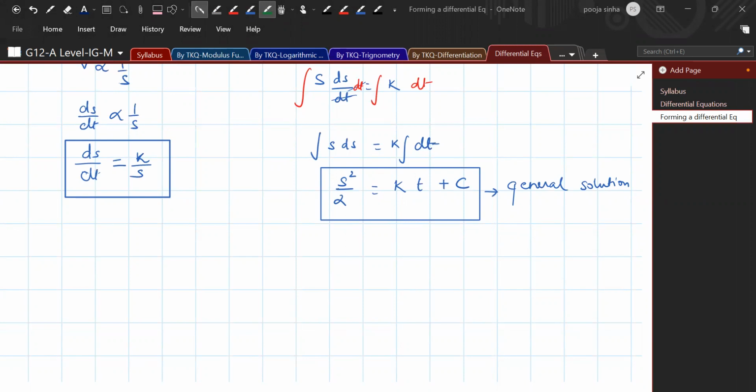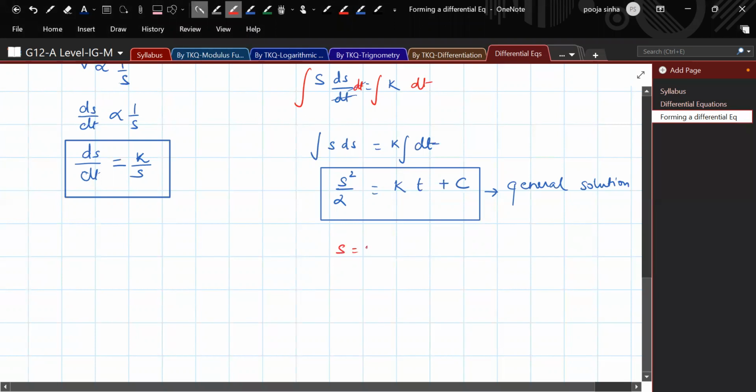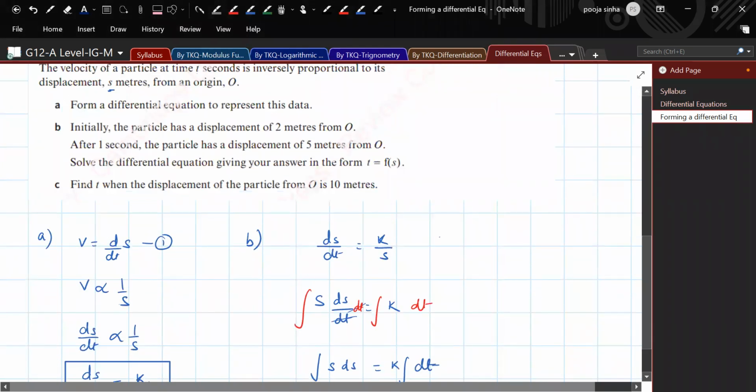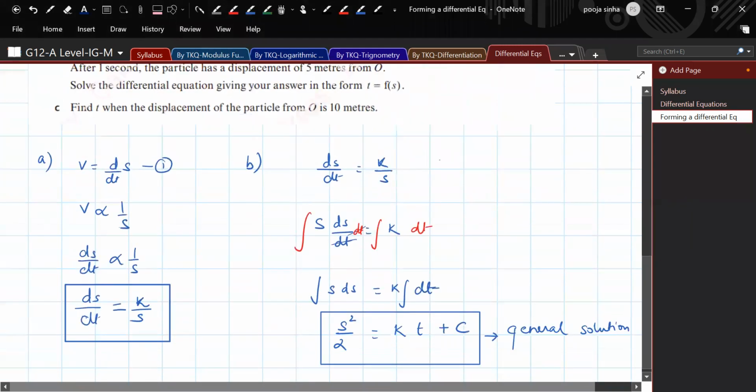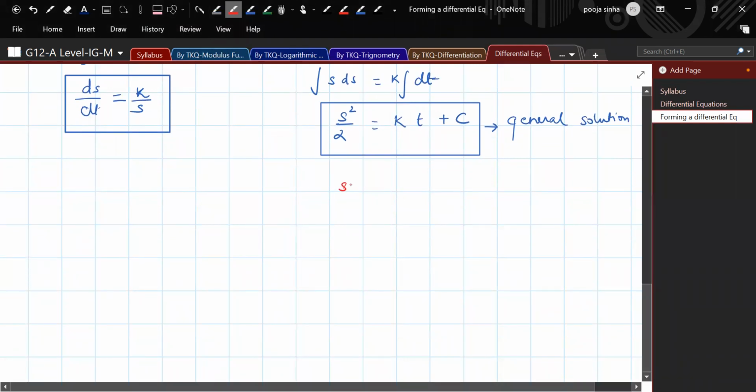Displacement is 2 when t is equal to 0. s is equal to 2 from origin when t is equal to 0.